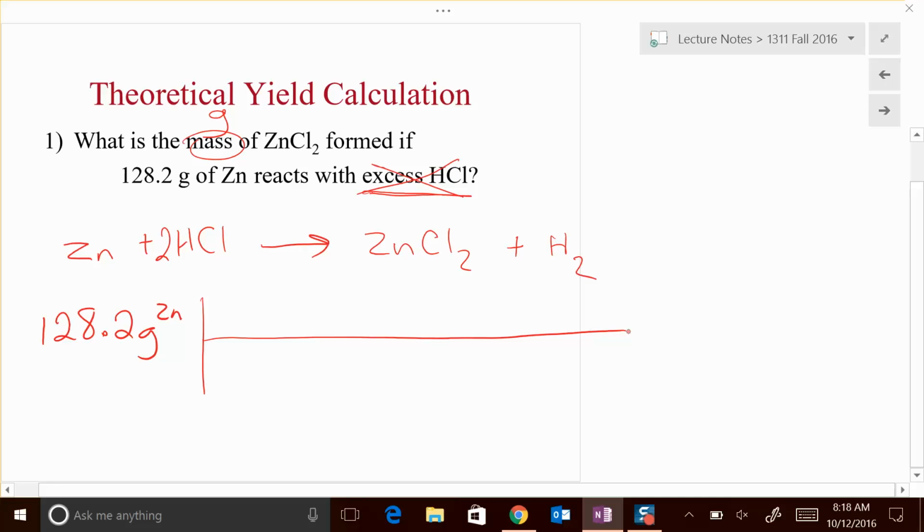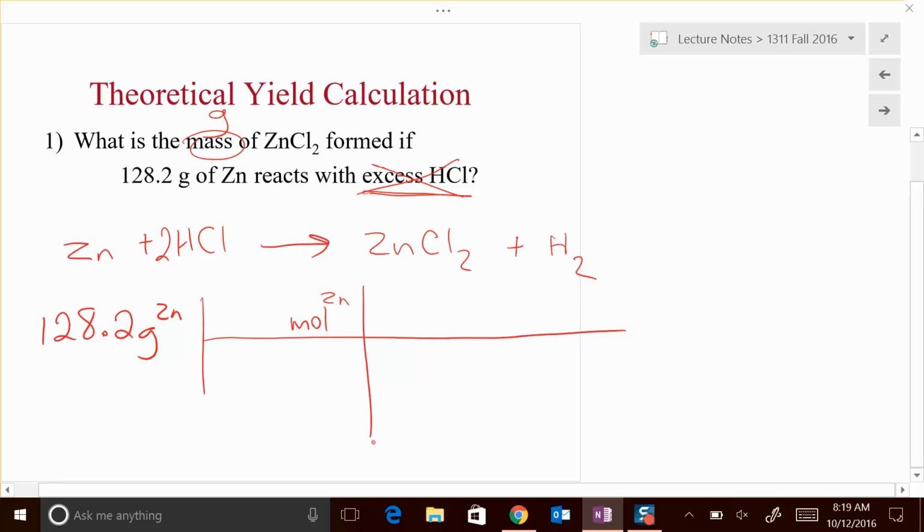Okay, so I'm starting with the grams of zinc. But I cannot convert it from zinc to zinc chloride unless it's in what units? Moles. So before I can do the stoichiometry, my very first step is I have to convert it to moles of zinc.